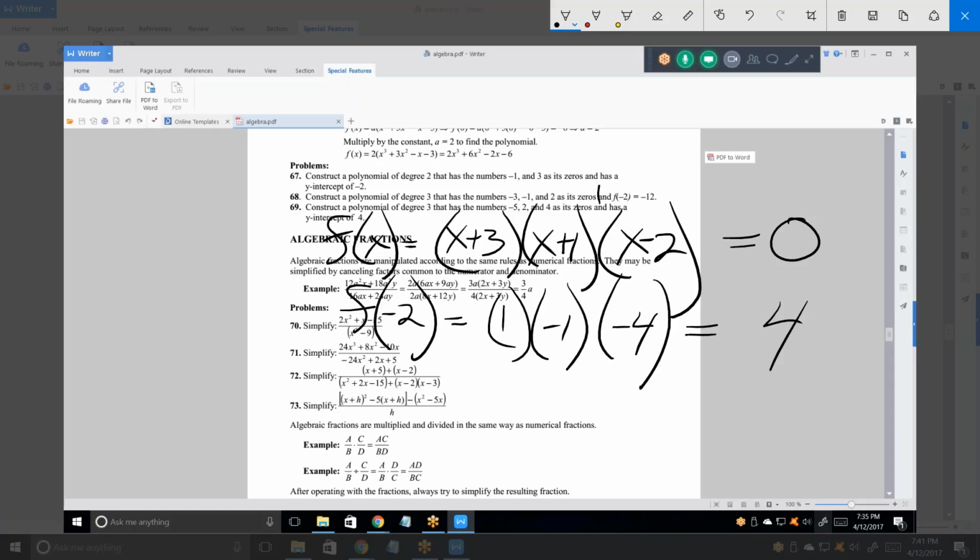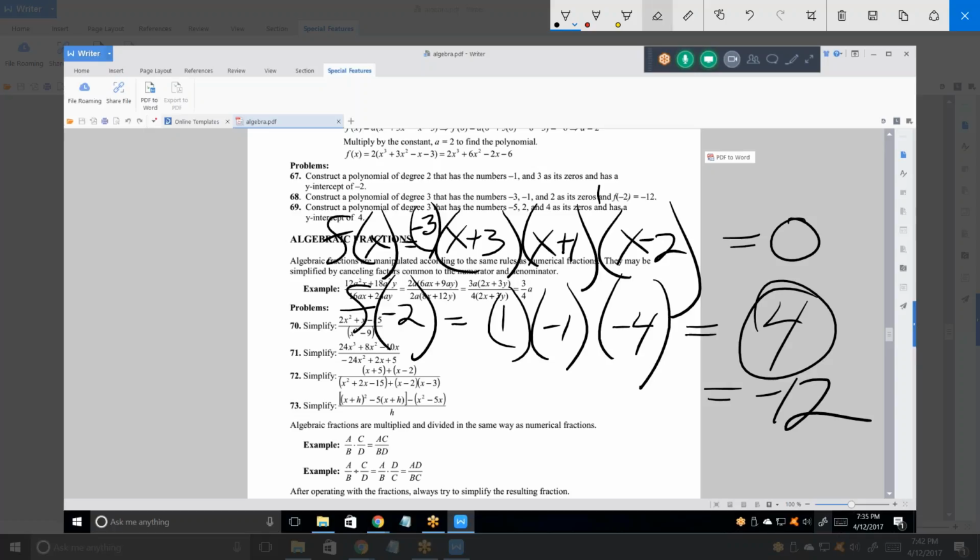Well, they want f of minus 2 to be minus 12. So what does my a need to be? Positive 3. Wait. Close. Or negative 3. -3. In other words, I need to precede that polynomial with a negative 3 like that. Now my f of minus 2 is still going to be this number, but times negative 3, which is equal to minus 12.